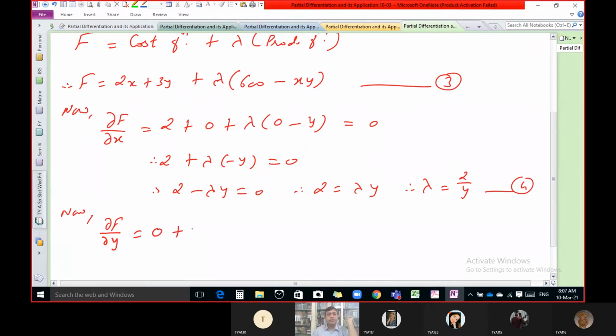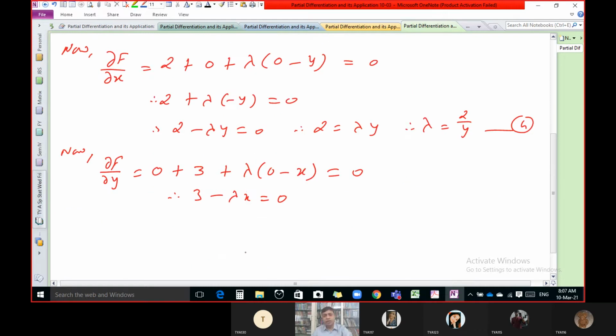Derivative of 3y: 3. Plus lambda. Here the derivative of 600 is 0. And now the derivative of minus xy with respect to y is 0 minus x. Keep this equal to 0. So ultimately we get 3 minus lambda x equal to 0.